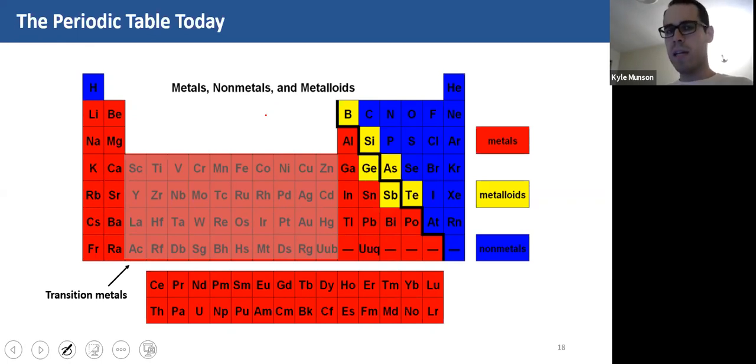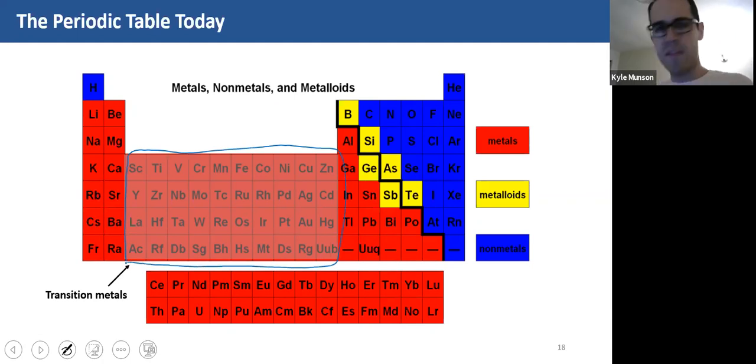And the metalloids, like I said, we probably won't be paying too much attention to them this semester, are shown here in yellow. They're kind of in between. And the transition metals or the transition elements that I showed before are kind of shown here. So another way to think about it is they're in the valley, okay, if you think about it this way. So transition metals are in the valley, okay, and they're in group B again.